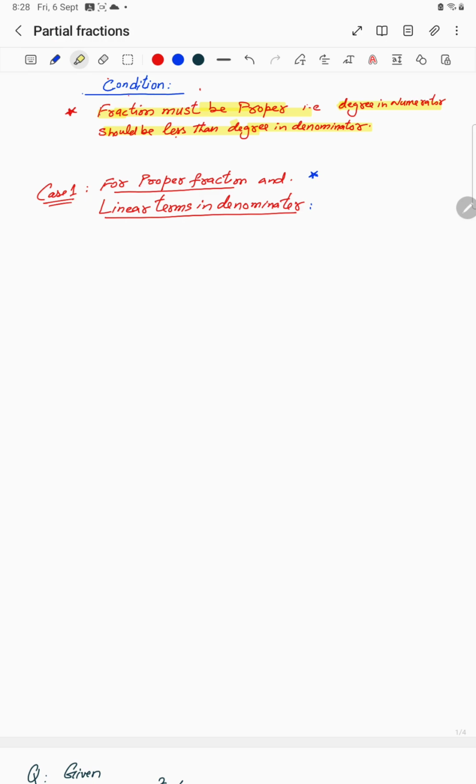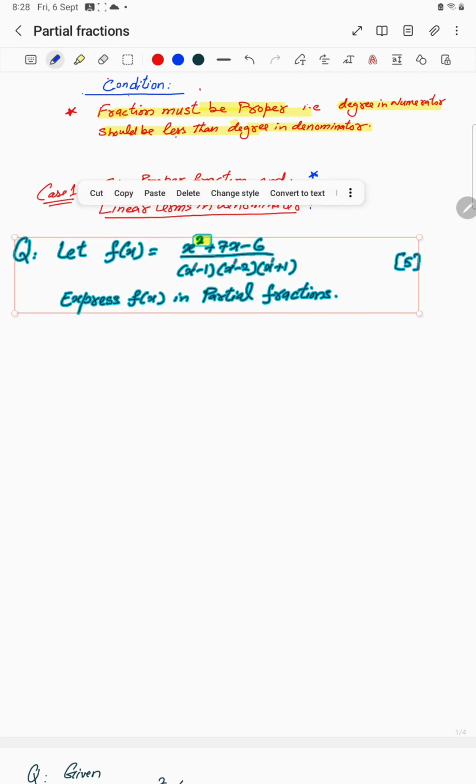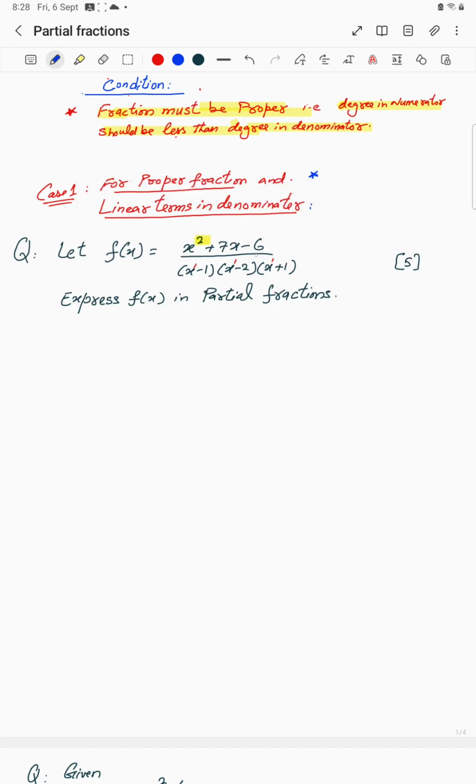Here comes the question, I'm going to write it. Suppose we have a function f of x that is x square plus 7x minus 6, all divided by x minus 1 times x minus 2 times x plus 1.